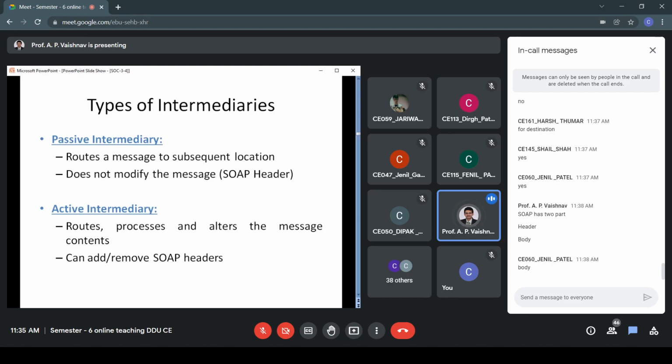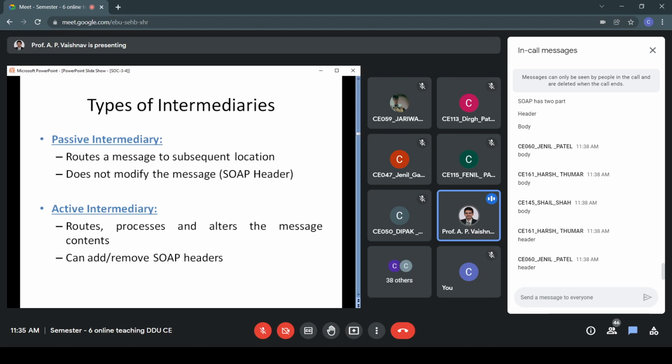Yes, body, definitely. But where will you be writing the source address, destination address, and other details? In the header, correct. So now you are getting what is written here: it does not modify the message, specifically the header. We are not going to modify the header. We will never touch the body portion, but the header is also not modified.